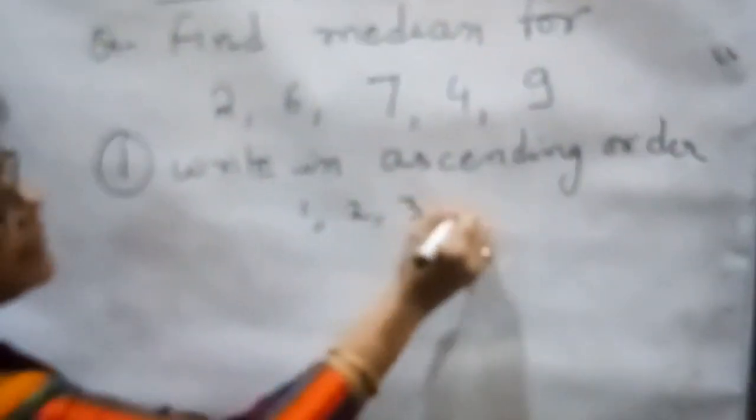Writing from low to high. That means 1, 2, 3 in this way. Clear? Second step, count the data. Third step, recognize whether it is even or odd. Clear? Now I am going to proceed with these questions.